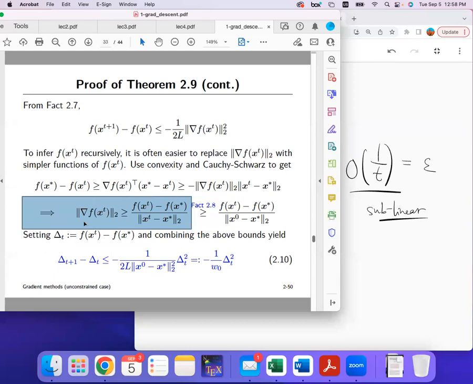On the left hand side we have the gradient. On the right hand side we have something related to the distance between xt and x star. So you can imagine if xt is far away from x star, maybe the gradient will be bigger. So the right hand side will be kind of bigger.